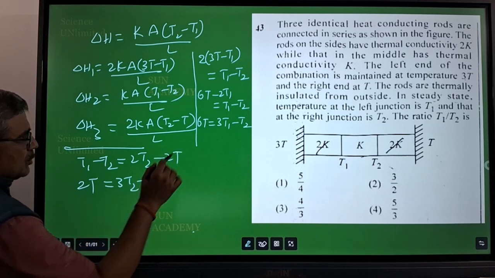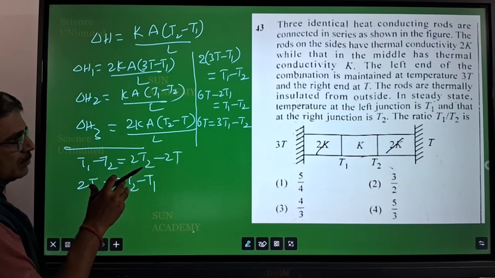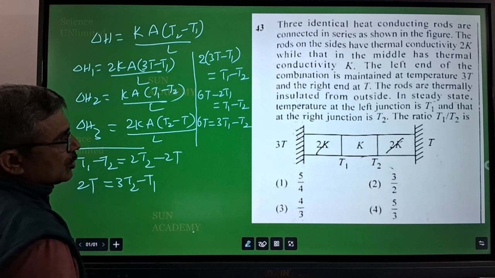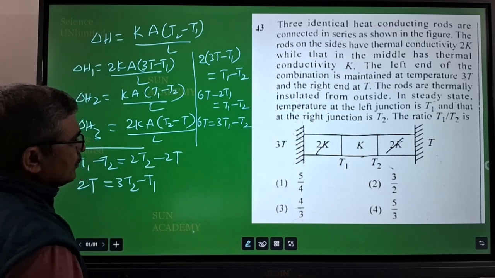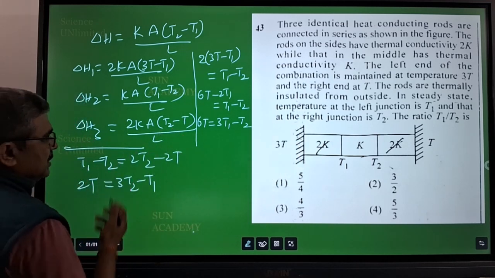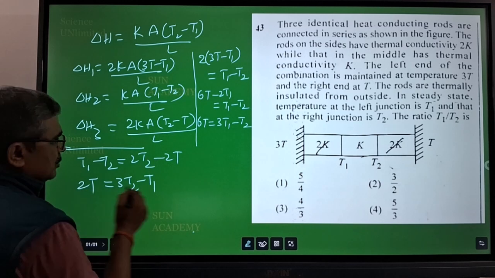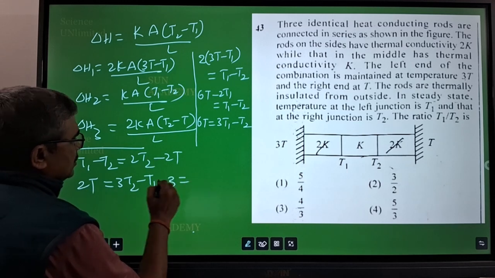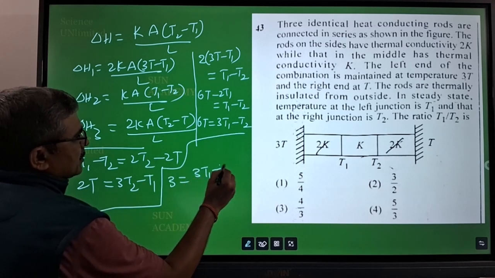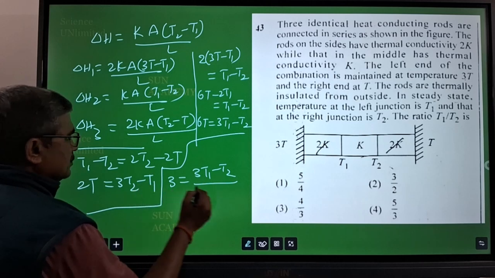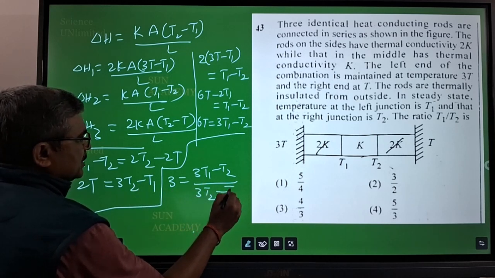If you take the ratio of these two, because I need to eliminate the T term, since we need to find T1 by T2: 6T by 2T gives 3, which is equal to (3T1 minus T2) by (3T2 minus T1).